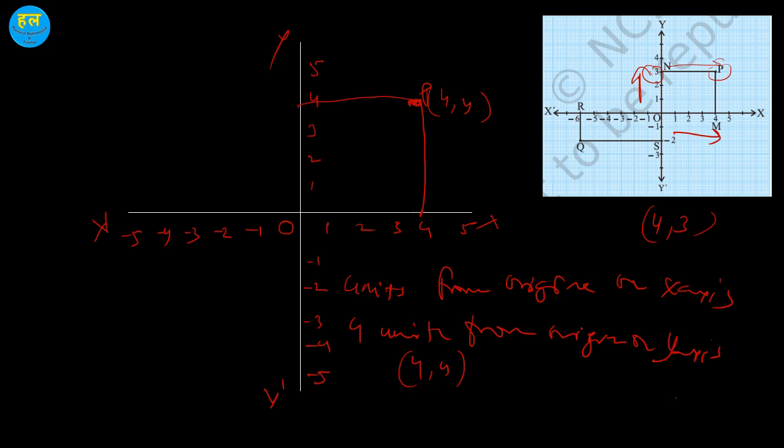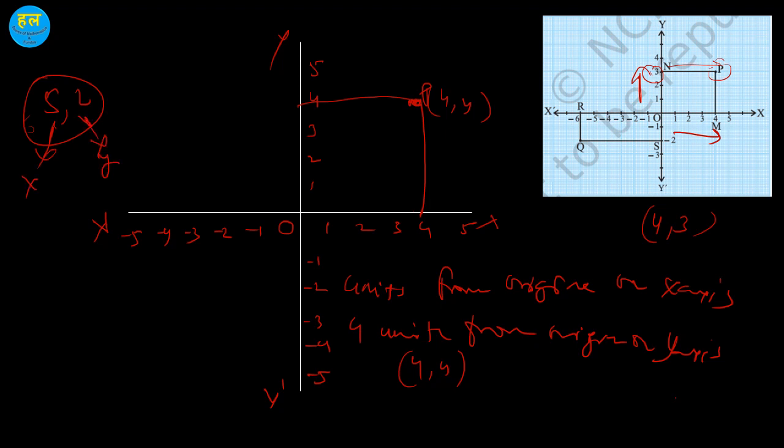Similarly, we can find other points on the coordinate axis. We can take any point. If you want to find 5 comma 2, we can find it. So 5 is our x-axis value and 2 is our y-axis value.